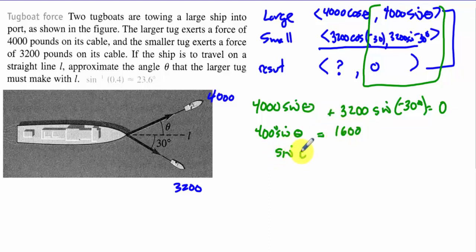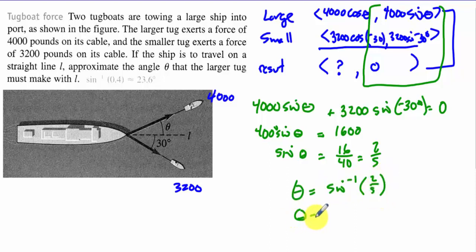So we'll just divide and get sine of theta is equal to 16 over 40, which is about 2/5. And then theta is equal to the inverse sine of 2/5, and theta will equal about 23.6 degrees, which is actually the answer that was given to us right here.